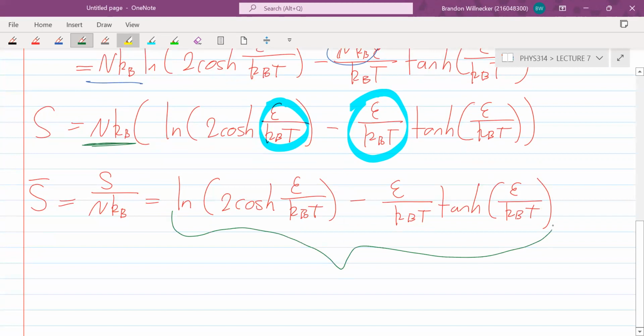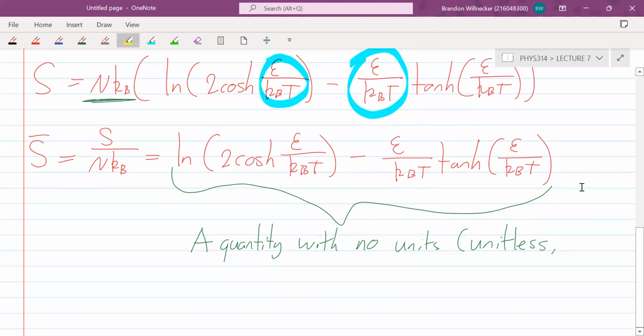So here we have a quantity with no units. So it's unitless, sometimes called dimensionless.